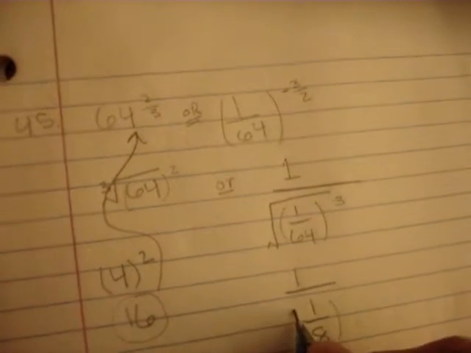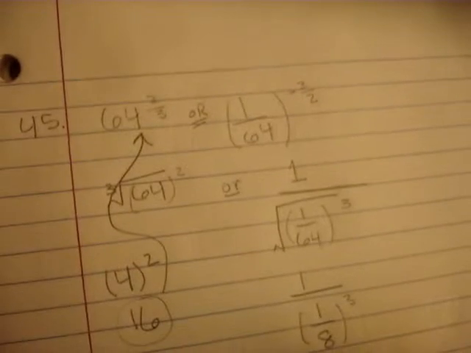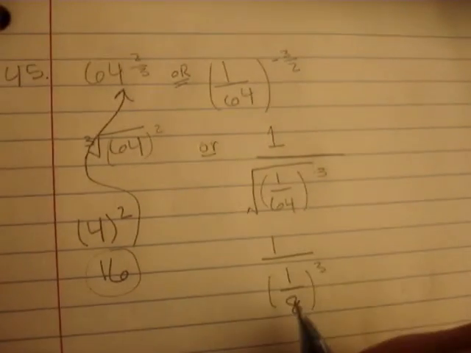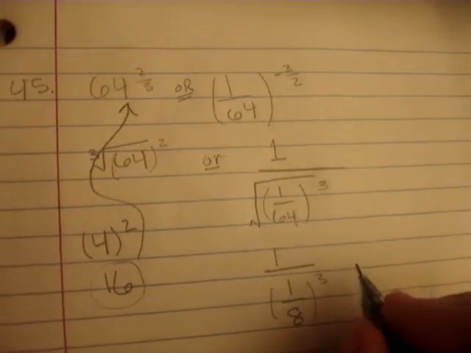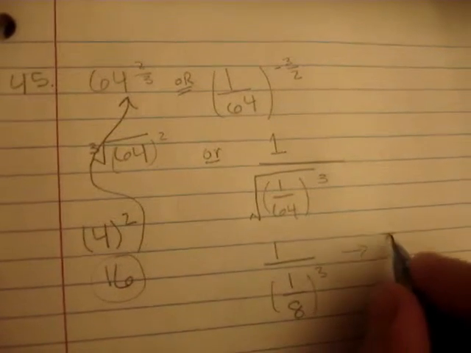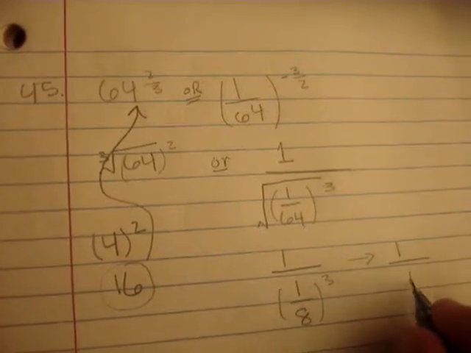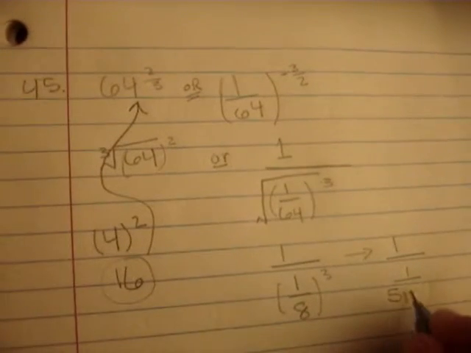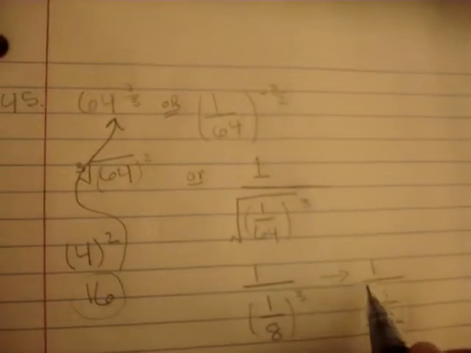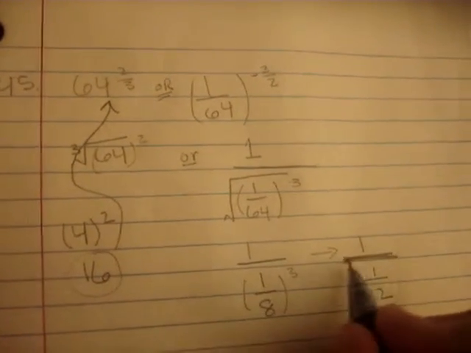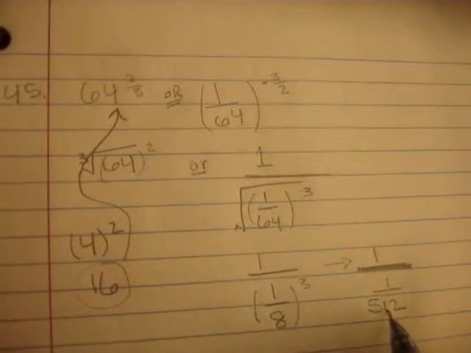And 1/8 cubed, we just worked with 8 times 8 times 8, that will come to 1 over 512.